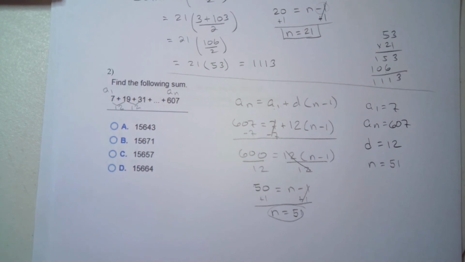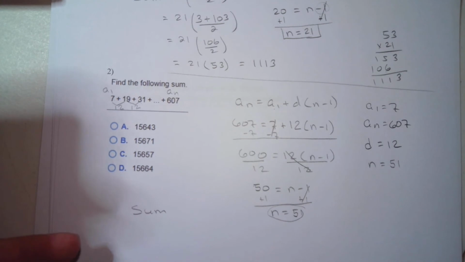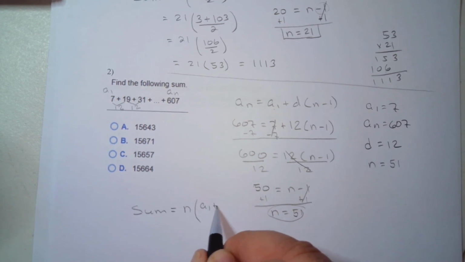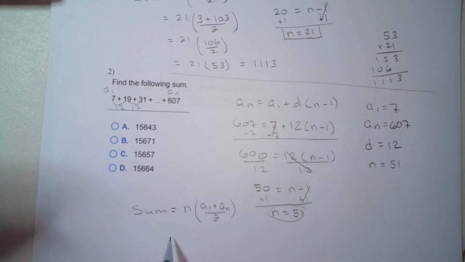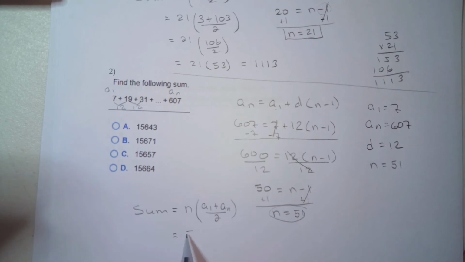Now we have everything we need, because to find the sum, we have to use n times a1 plus an, divided by 2. N is 51.